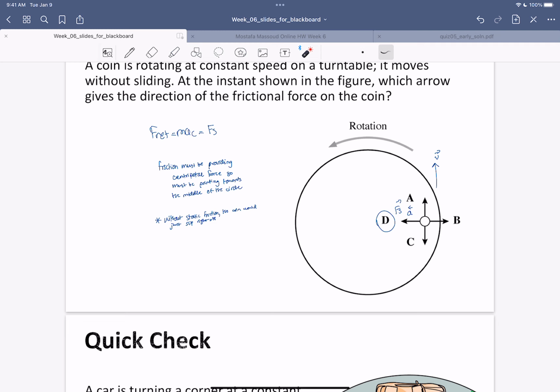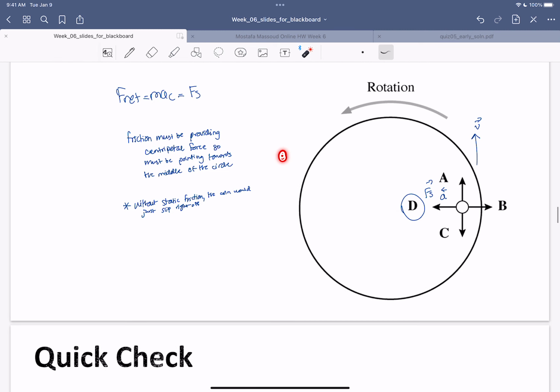The other forces along the y-axis, Fn and Fg, are not along the same axis, so they don't directly factor into our centripetal force or net force. They don't directly offer us a centripetal acceleration. So we're concerned with the forces that are pointed towards the center of the circle, along that radius.